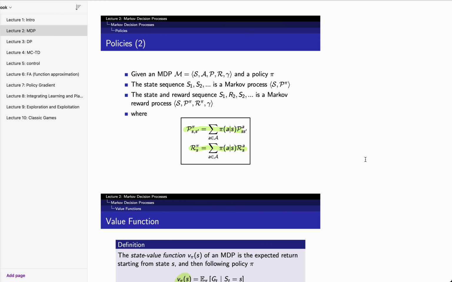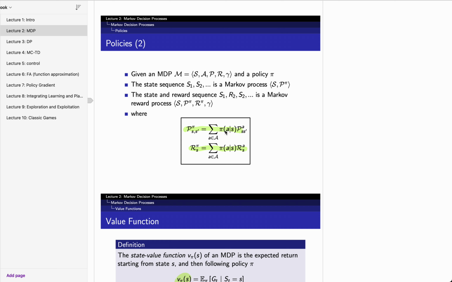So if we have an MDP and the policy, you will have the state transition probability matrix P. If you know P from S to S prime, you would also have a P from S to S prime for policy pi, and that would be the summation of all the P S S prime for each of the actions.